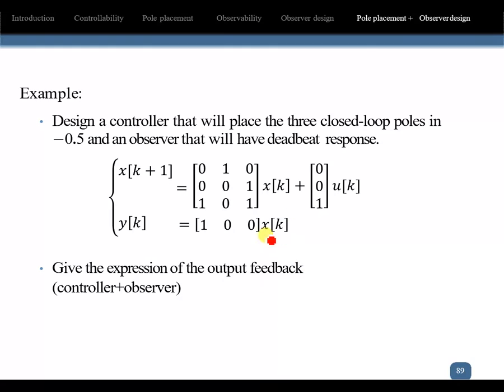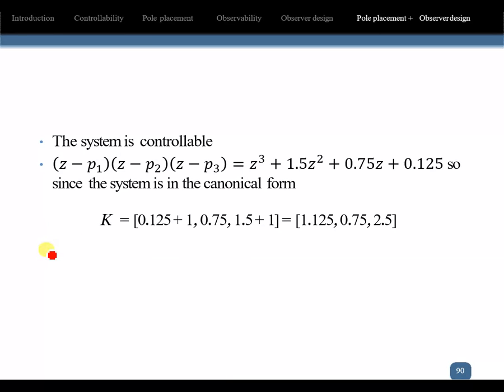They give one example: design a controller that will place the 3 closed loop poles at the given location and an observer that will have the deadbeat response. They give us G, H and C, and the expression of the output feedback. We have z equal to this; you have the 3 poles, so you can set the 3 poles by expanding this equation, then easily you can find K by the formula in the previous slide.